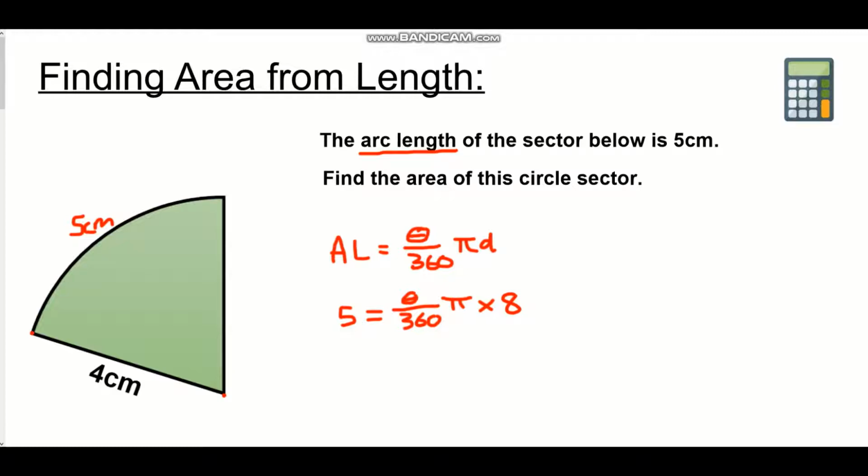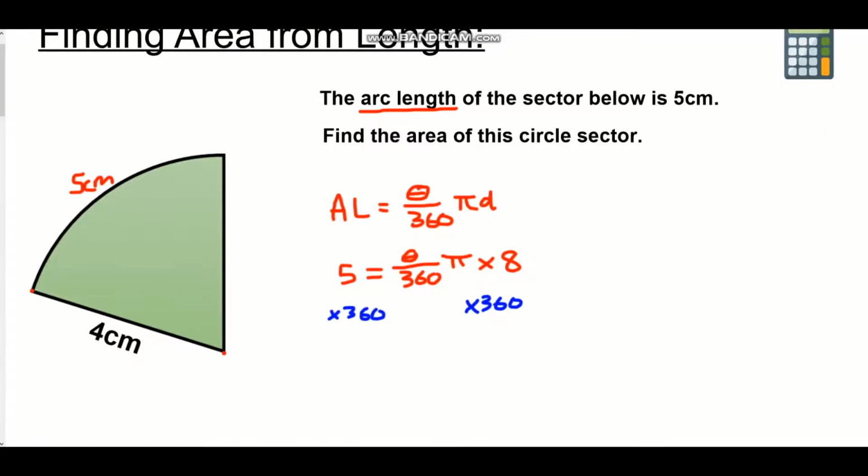Okay, let's rearrange this. I'm going to start by multiplying both sides by 360. That'll get rid of that fraction that we don't really want to have to manipulate any further than we do here. So 5 lots of 360 is equal to theta times 8 pi.